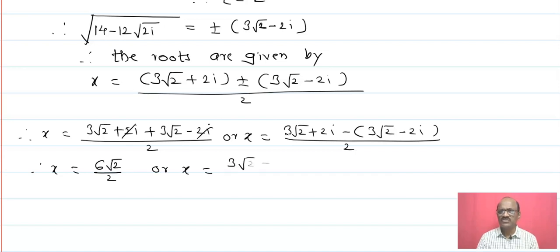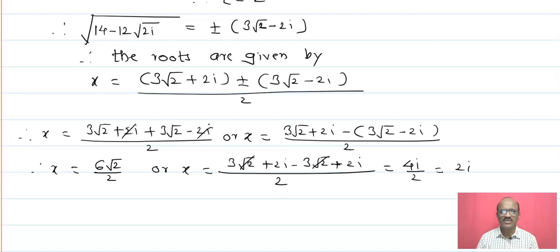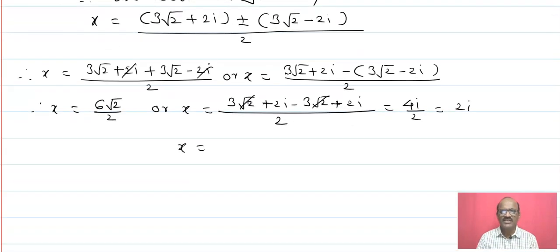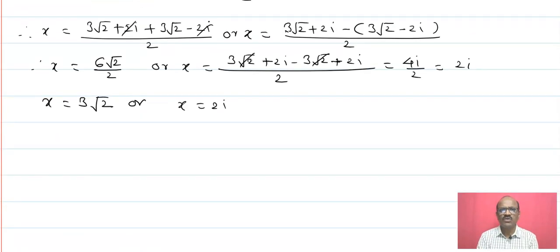In the second case, the plus 3 root 2 and minus 3 root 2 get cancelled. You get 4i upon 2, that is 2i. So x is equal to 3 root 2 or x is equal to 2i.